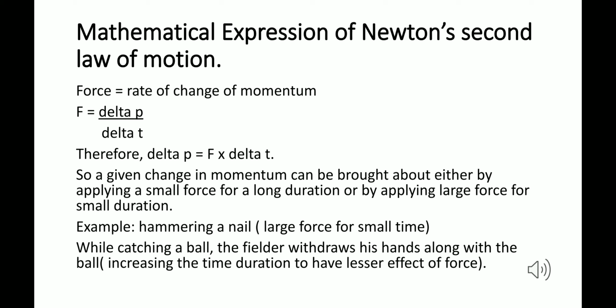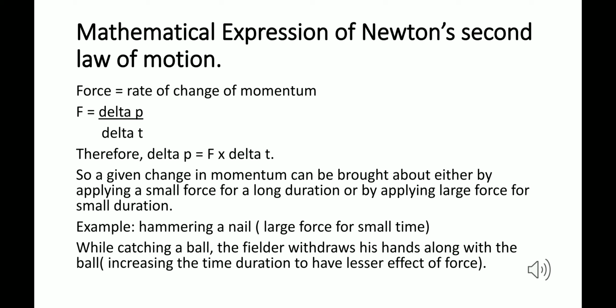Now, a given change in momentum can be brought about either by applying a small force for a longer duration, or a greater force for a small duration. Suppose the momentum has increased. If the momentum is increasing, the right side, F into delta T, will also increase.